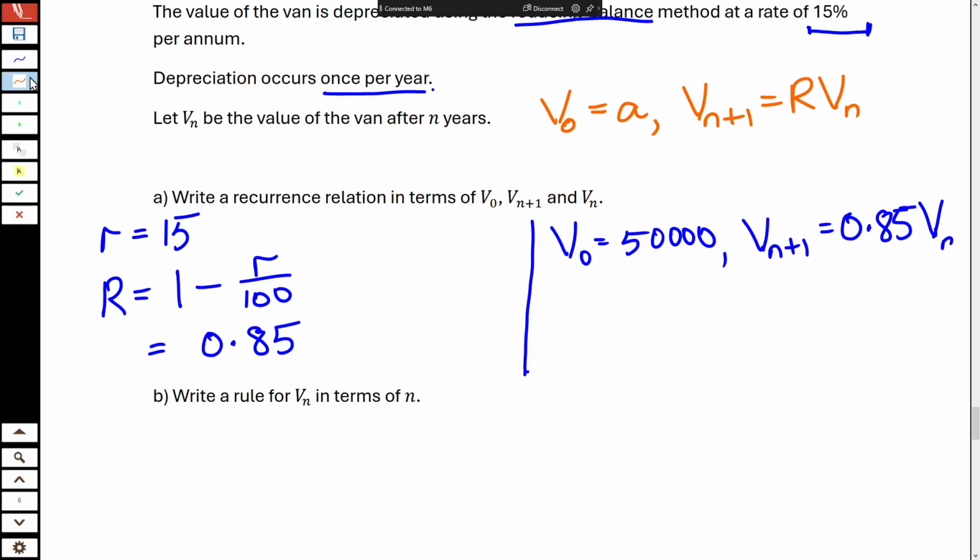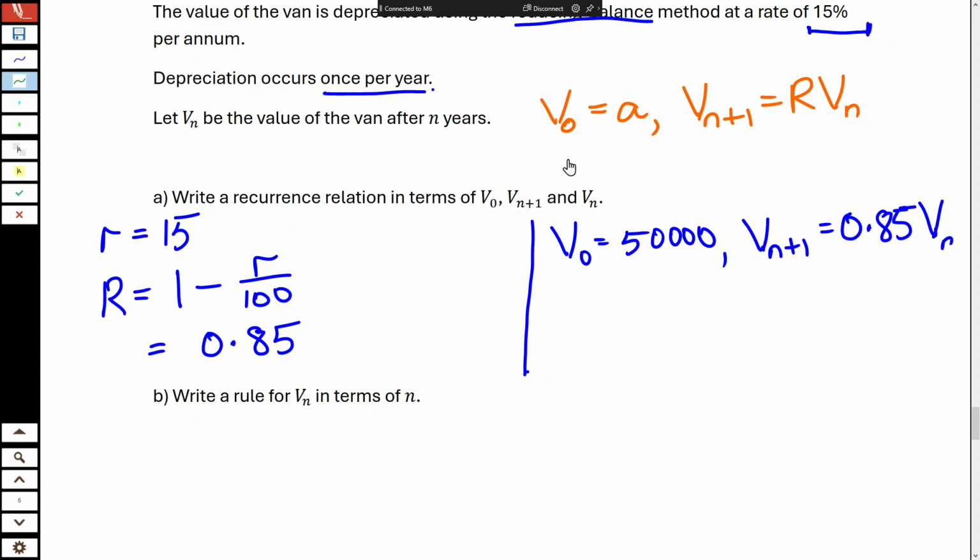Okay. Doug, I'm going to ask you. Can you tell me a rule for Vn in terms of n? So we've got the recurrence relation here. Now I want the rule. Carl?